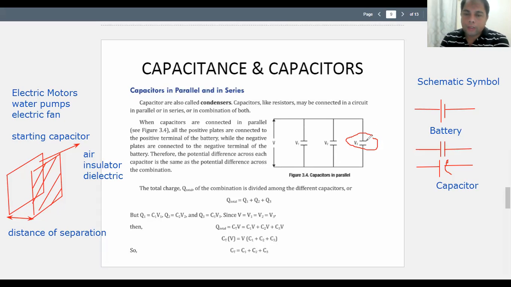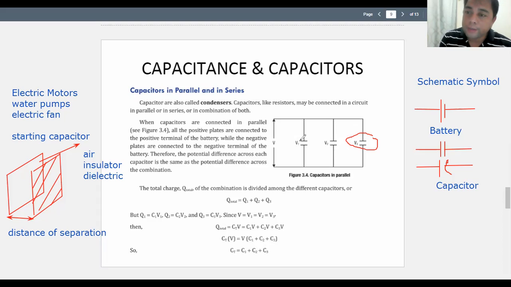Another thing is that in your house, if they are all connected in parallel, then the voltages of these devices are all the same. Your TV is 220 volts, your electric fan is 220 volts, and all the rest of your equipment is 220 volts.